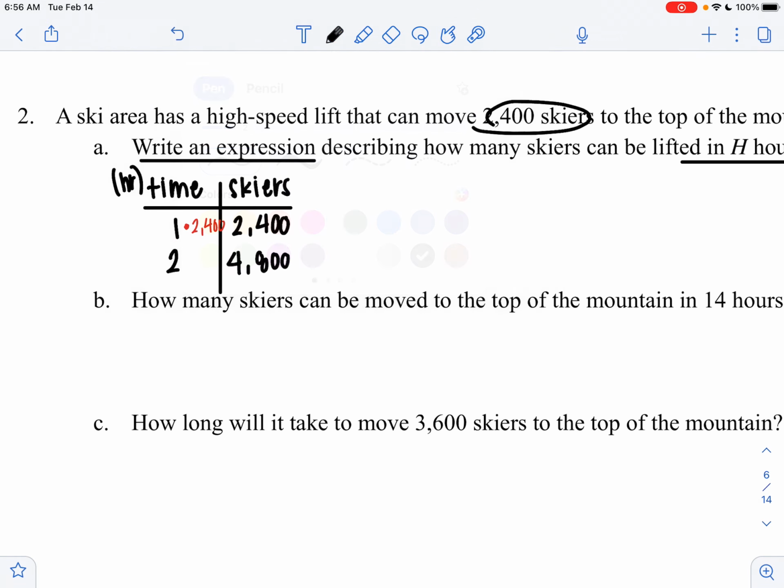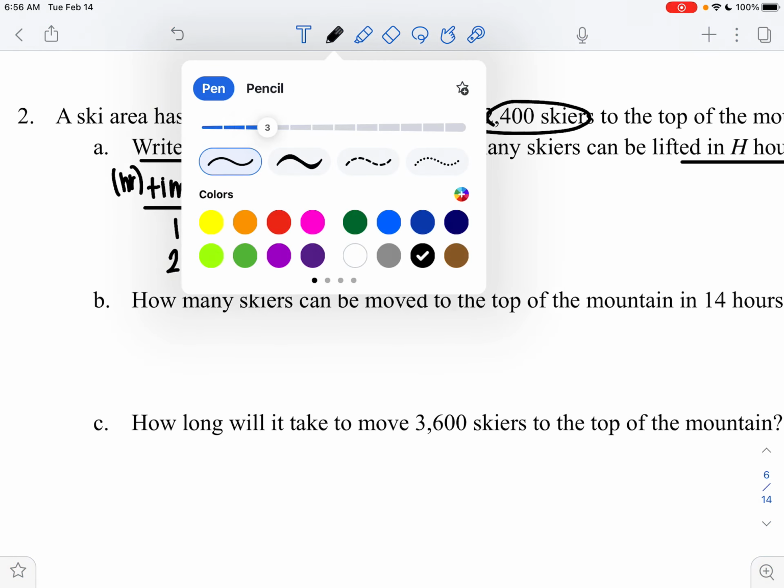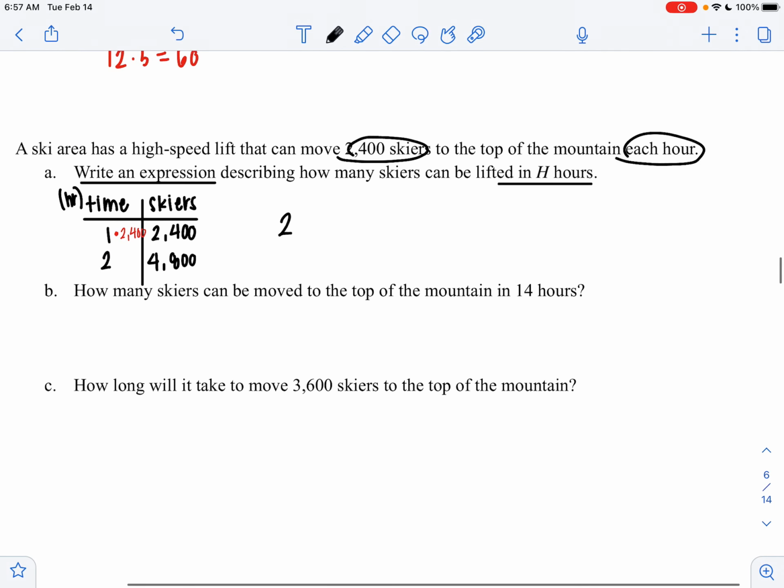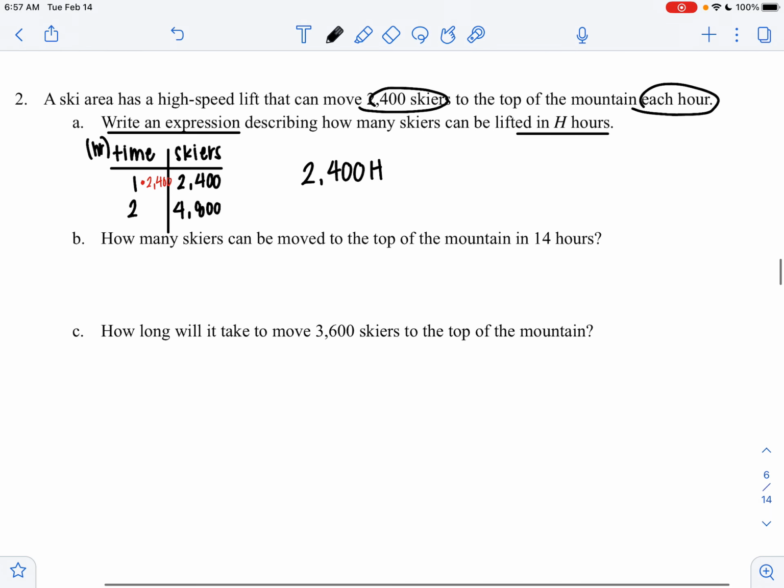And so I can write out my expression, my generalization of the pattern here, as 2,400 H, or 2,400 skiers times H, the number of hours. And that means in a question like question B, how many skiers could be moved to the top of the mountain in 14 hours?